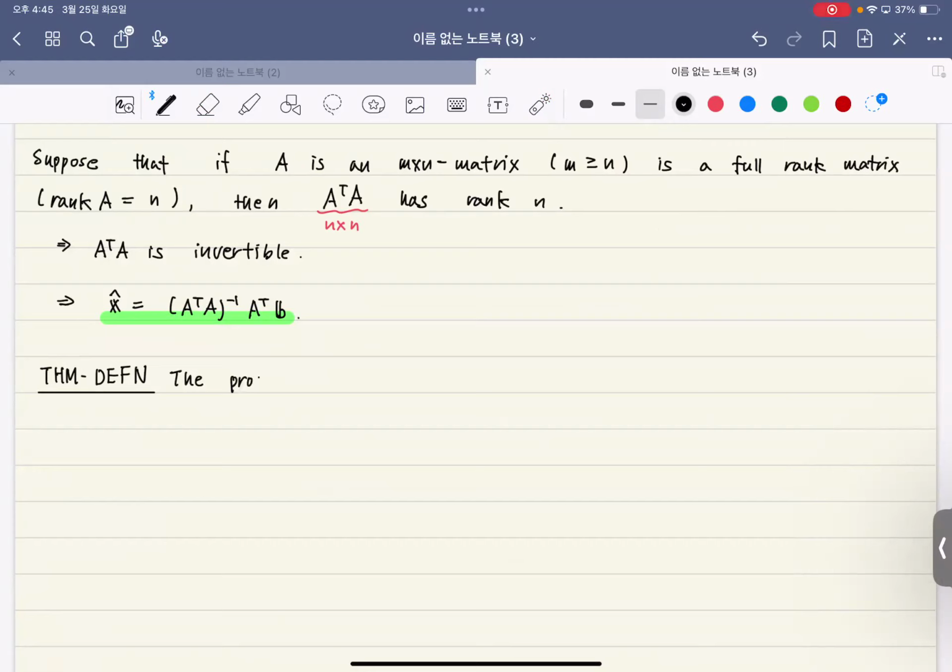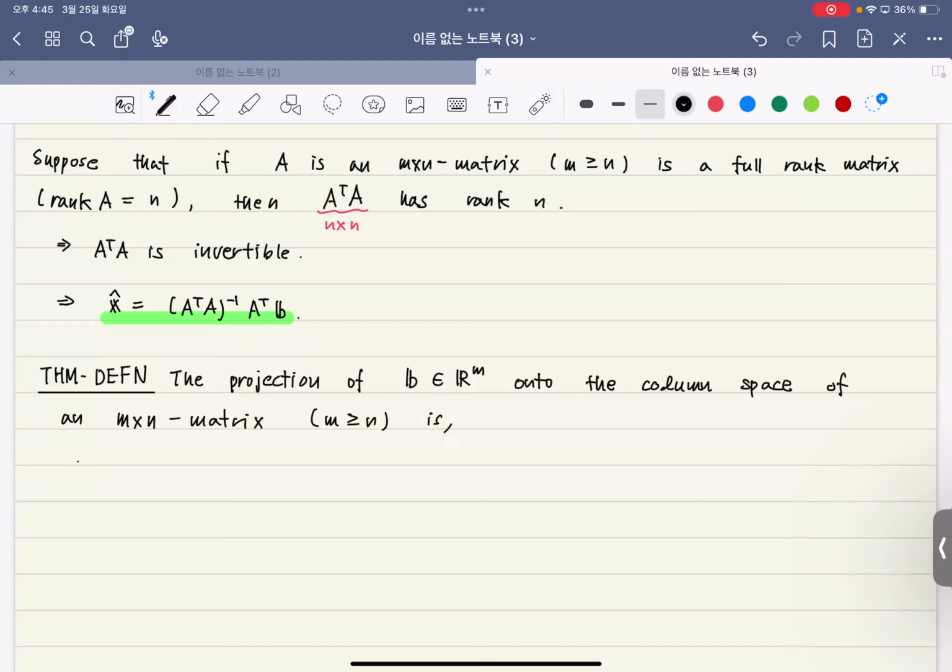The projection of B in R^m onto the column space of an m by n matrix is A times X hat, which is A times (A transpose A) inverse times A transpose B.